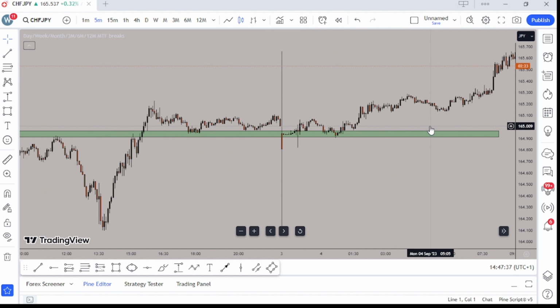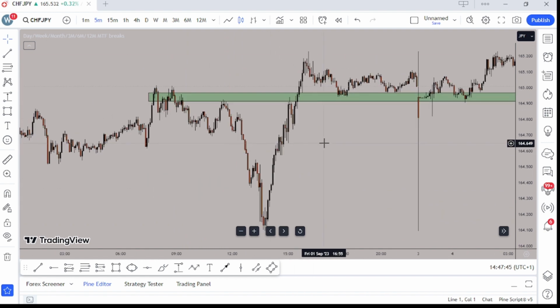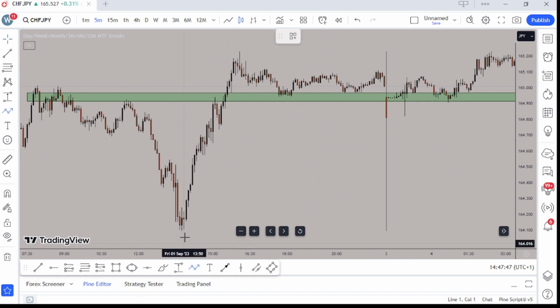A higher high. The same thing. The previous candle did a low and a high. In between, we have this low, higher high, lower high, higher high, lower high, higher high, lower high, higher high.